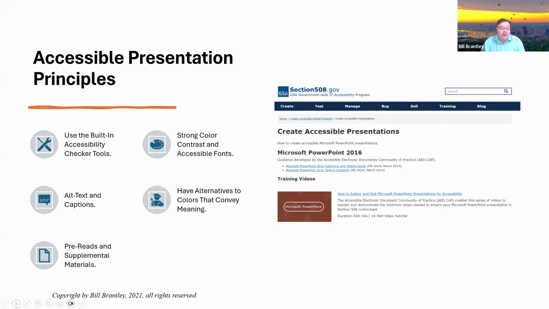And now, most of the tools have nice built-in accessibility checker tools. Personal opinion, don't quote me on this, but really with Adobe, sometimes I think they really need to update some of their accessibility checker tools. PowerPoint's getting better, but it's always a good idea. Maybe use that for the first pass, but then have someone else work with you on that.